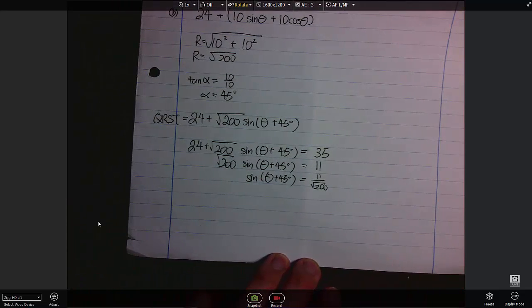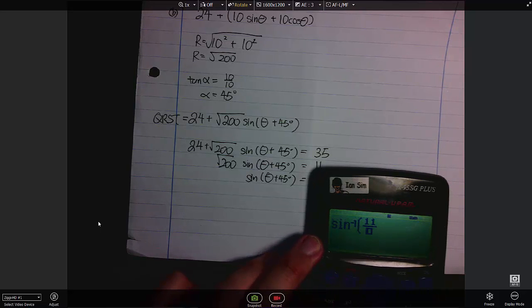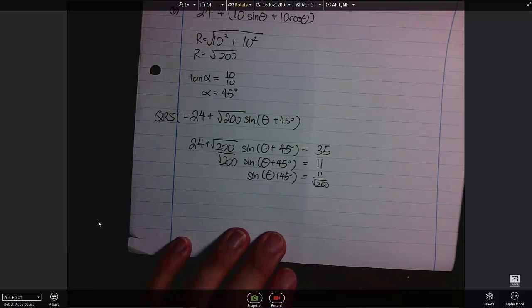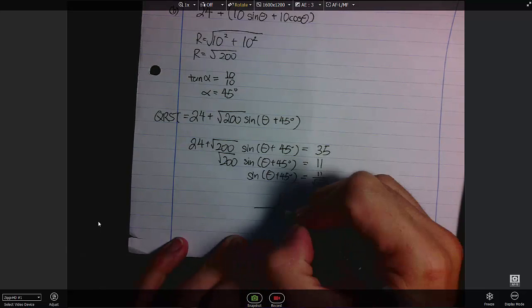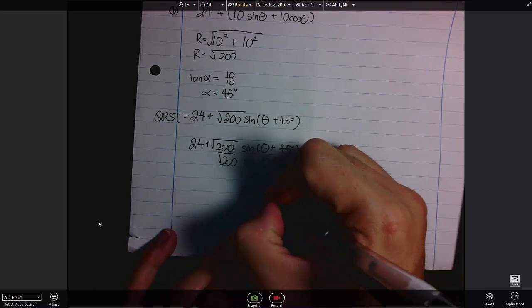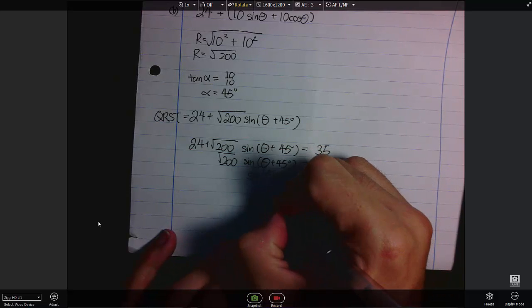To solve this, I take the calculator. Degree mode, yes, degree mode. I inverse sine 11 over root 200. I get 51.061 as my basic angle. Sine is a positive ratio in this case, so we have in the first quadrant 51.061 degrees, or in the second quadrant 51.061 degrees.